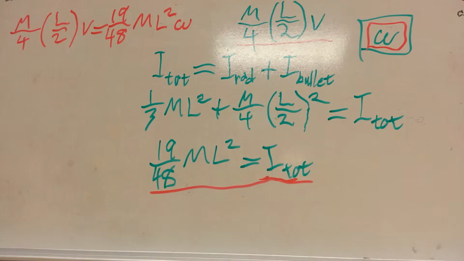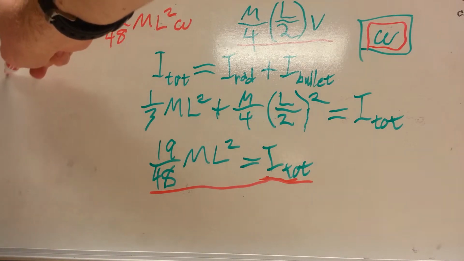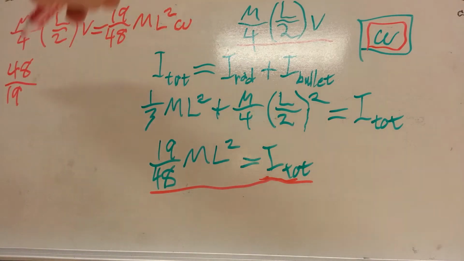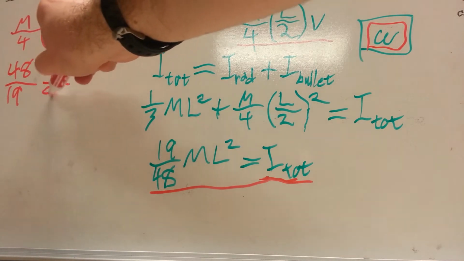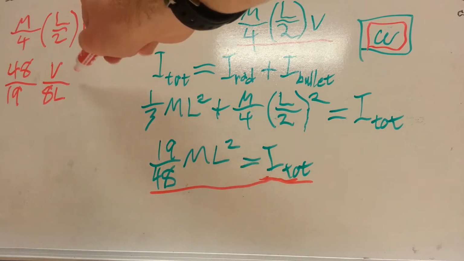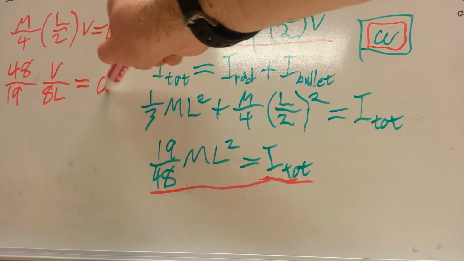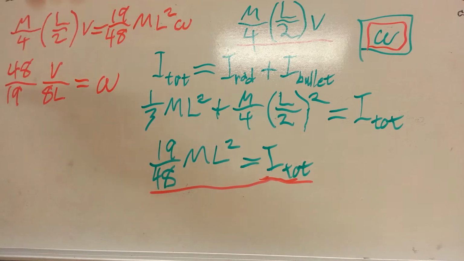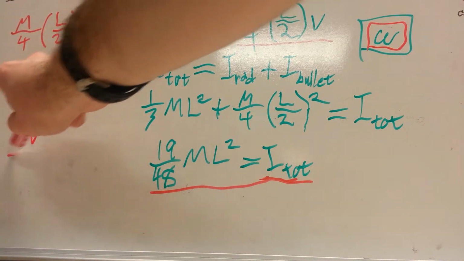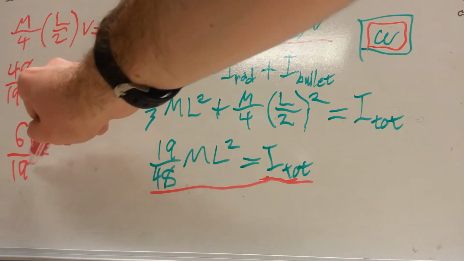Okay, then we just solve for omega, which is pure algebra, nice and easy, and you get 48 over 19 times V over 8L. That's just moving this over here, dividing this by this, equal to omega. And that gives us final 6V over 19L.